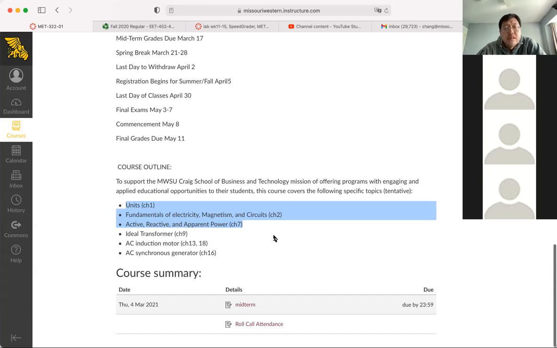So put it this way, what I just summarized is the key component of that theoretical analysis. We use the phasor to represent voltage and current.